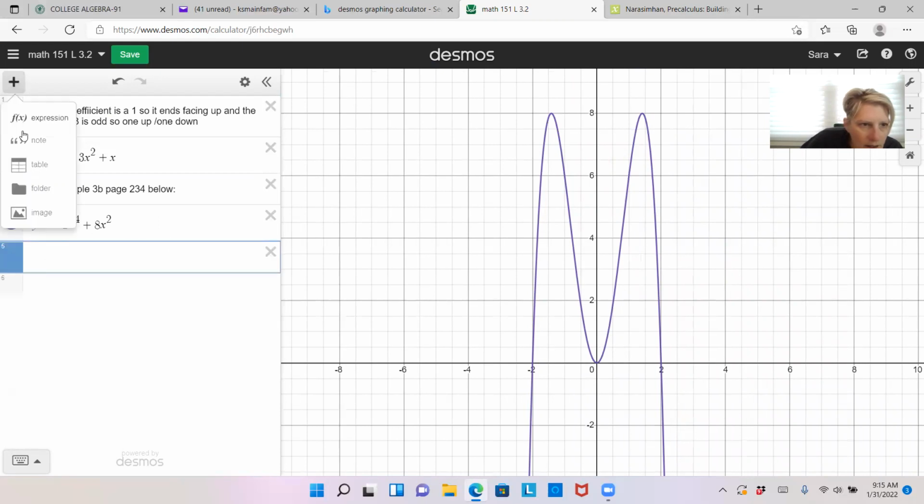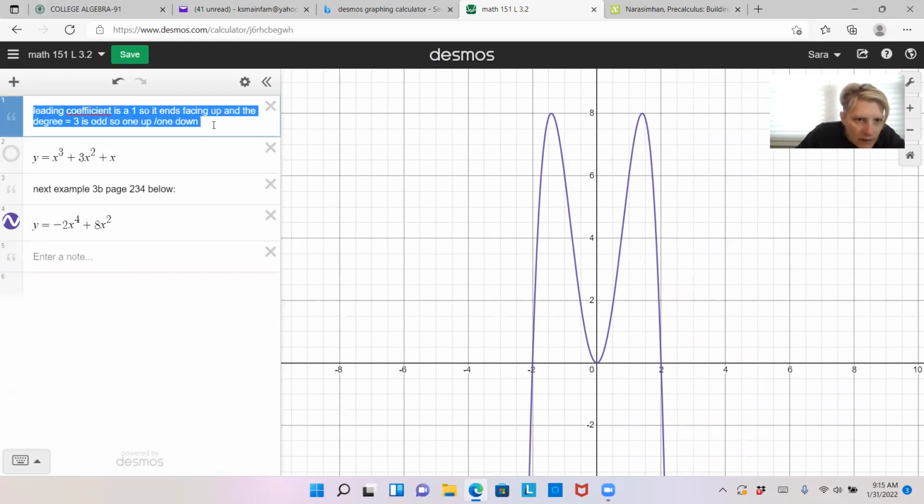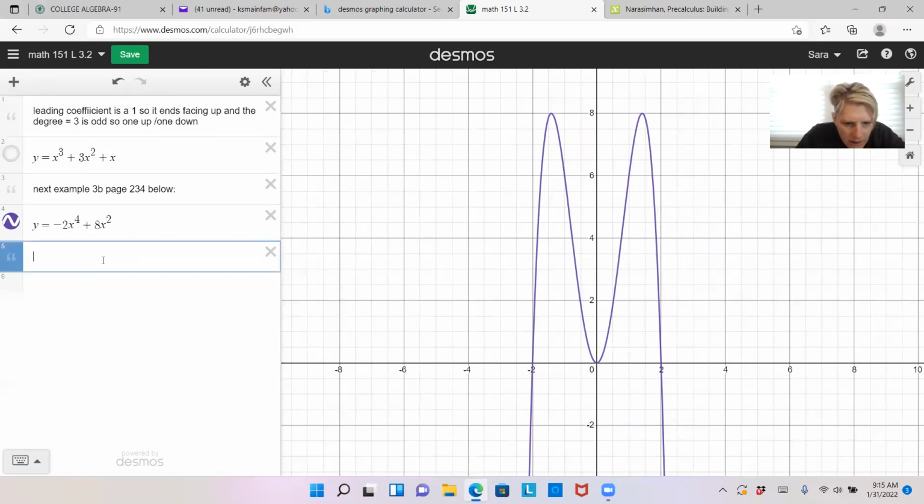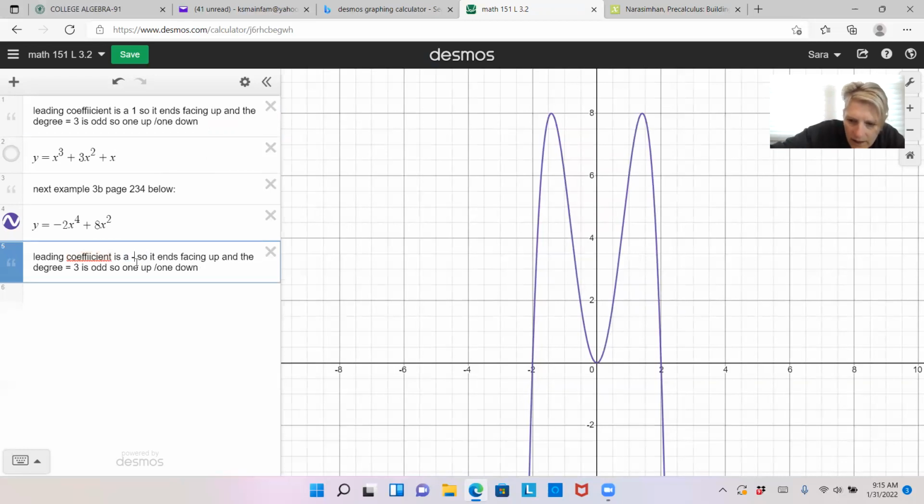Let's go ahead and add a note here. Let's just copy what we have up here and add to it. So the leading coefficient here is negative. That's the key.